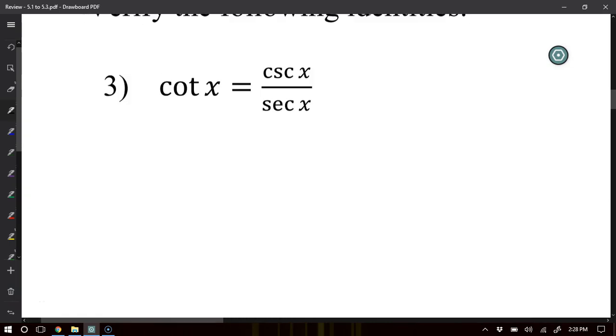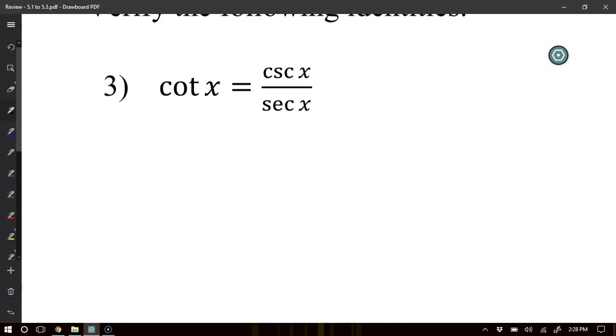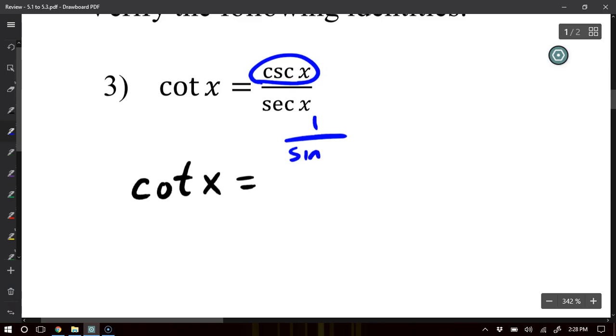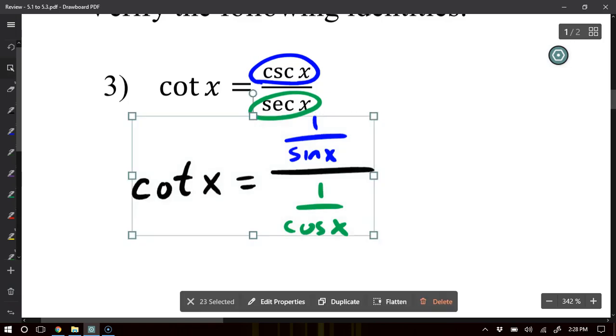Let's look at number 3. Number 3, I am going to change the right-hand side. I'm going to leave this as cotangent of x. And so cosecant of x is 1 over sine of x. And then secant of x is 1 over cosine of x. And I'm going to stop for a minute to explain why I changed the right-hand side.